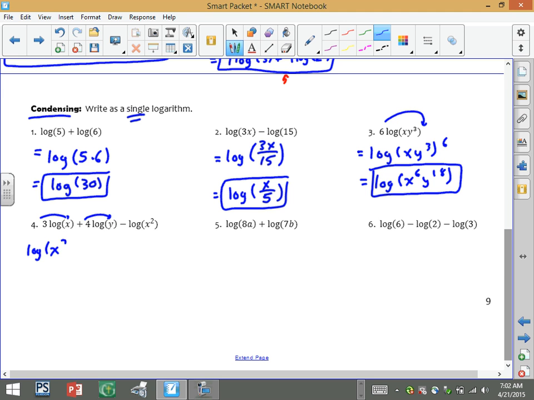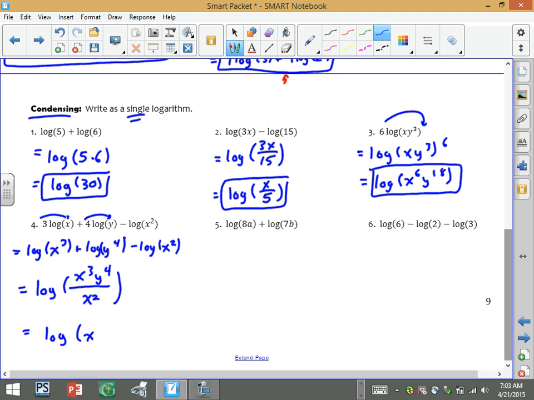So we have log x to the third, log y to the fourth, minus log of x squared. So the addition will turn into multiplication. So we end up with x to the third, y to the fourth, and then subtraction turns into division. And we should be able to simplify that a little bit because as x is in both the numerator and denominator, we can end up with log of x, y to the fourth.